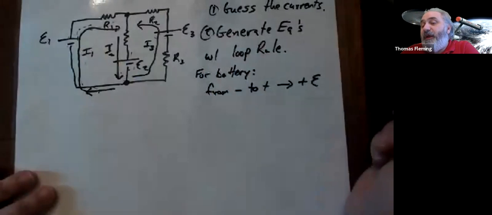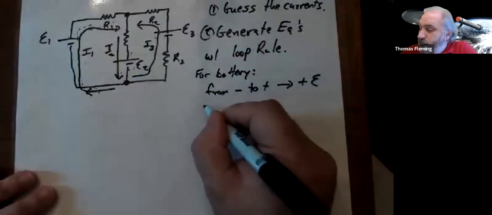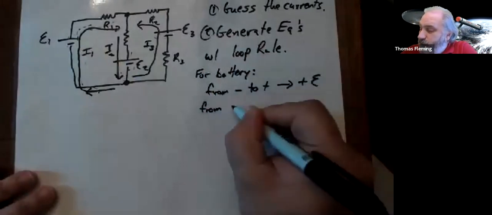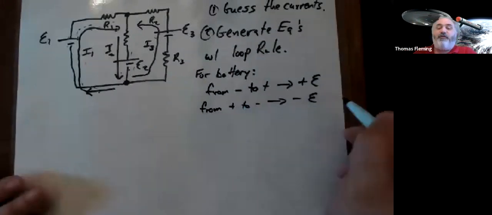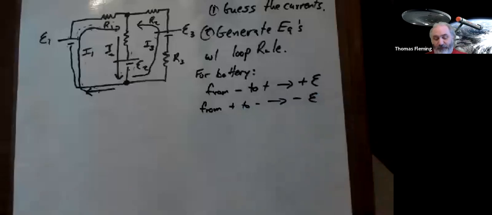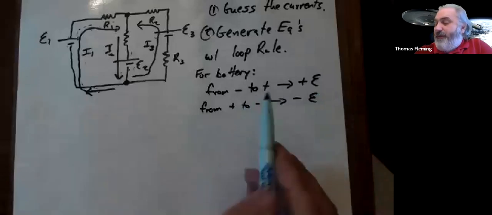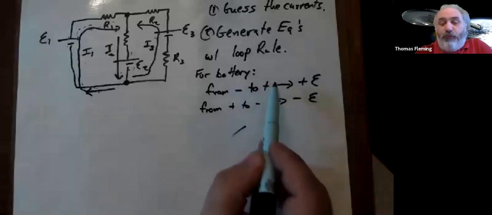But if I'm going across that battery backwards, I'm going to treat that battery like a voltage drop rather than a voltage increase. Does that make sense? Yes. So for when I'm tallying up my voltage changes, every time I cross a battery, I'm going to apply one of these two rules.